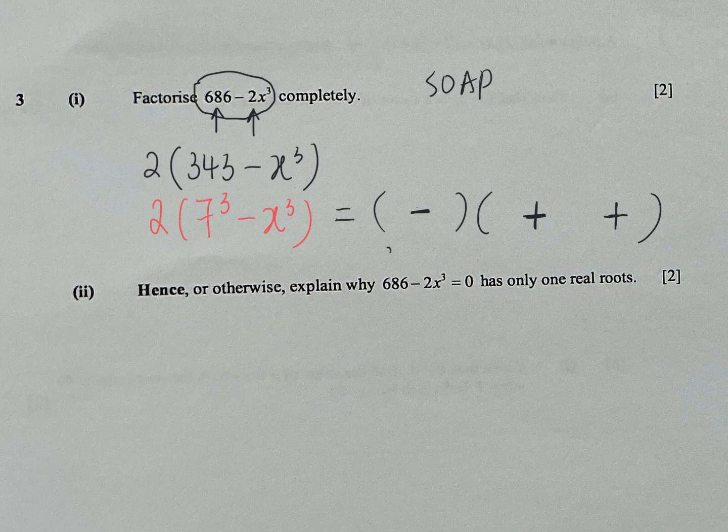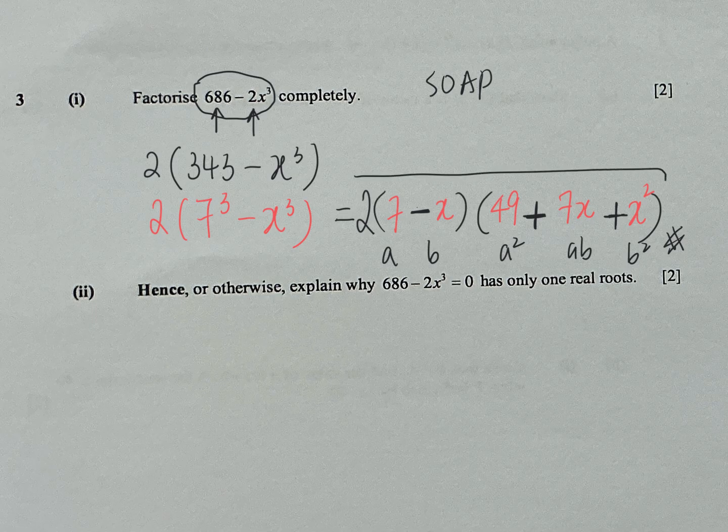So what is the formula? It is a minus b, a squared, ab, b squared. No 2 here, remember that, because when you fully expand out, there's no 2 in the formula. So you put in the 7, put in the x. This one is 7 squared, so write 49. This one is 7x. This one is x squared. All I need to see is this entire thing to get your 2 marks.